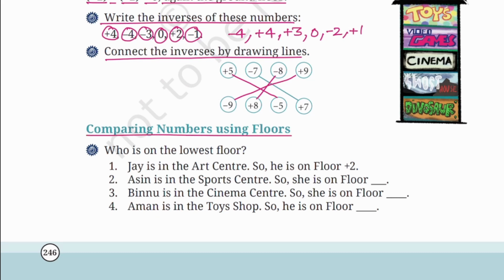Comparing numbers using floors. Who is on the lowest floor? 1. Jay is in the art center, so he is on the floor plus 2. 2. Asin is in the sports center, so she is on floor dash.